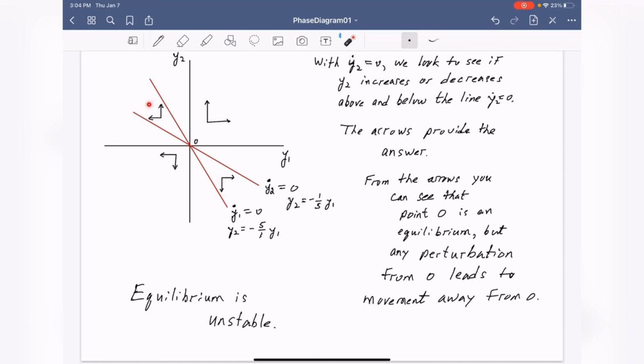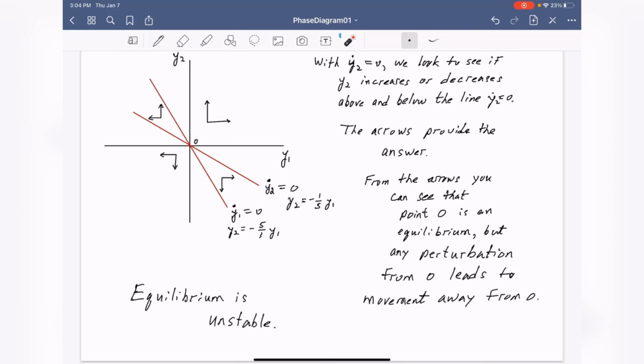So we can attach these arrows: any point between these two lines is going to increase y2 and decrease y1. On this side, it'll increase y2 and increase y1. Over here, decrease y2, increase y1; decrease y2, decrease y1.